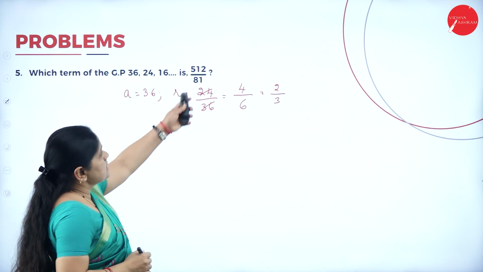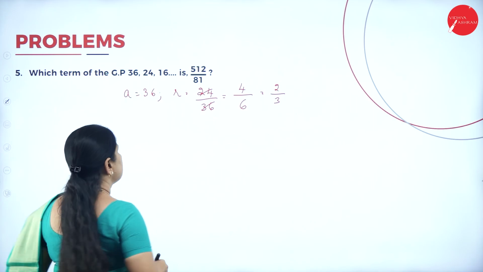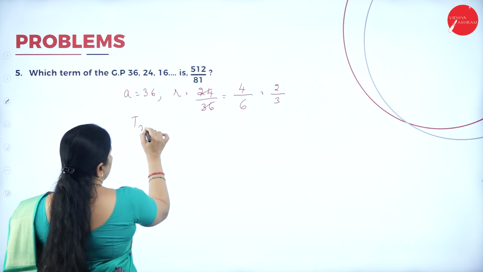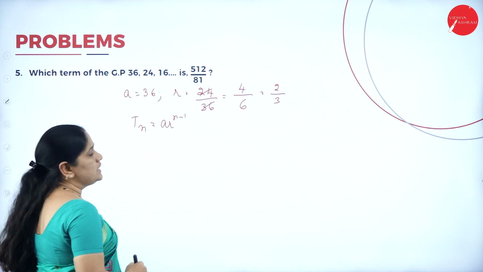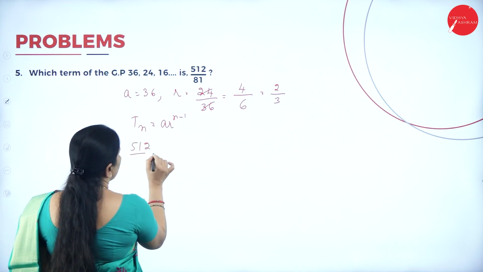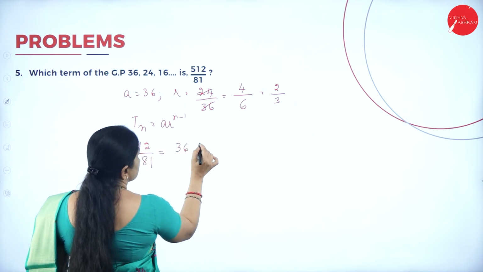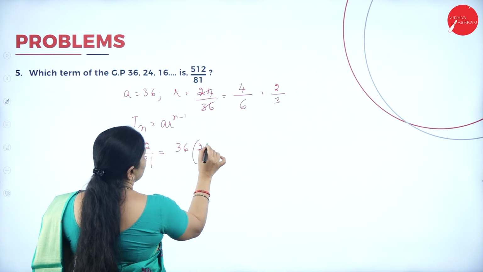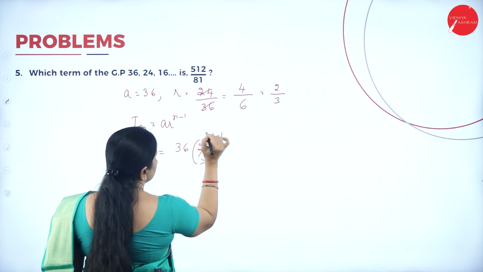Now this is the number given. I have to find the n value of this. So Tn equals AR to the power n minus 1. So they have given us 512 by 81 equals 36 into 2 by 3 whole to the power of n minus 1.